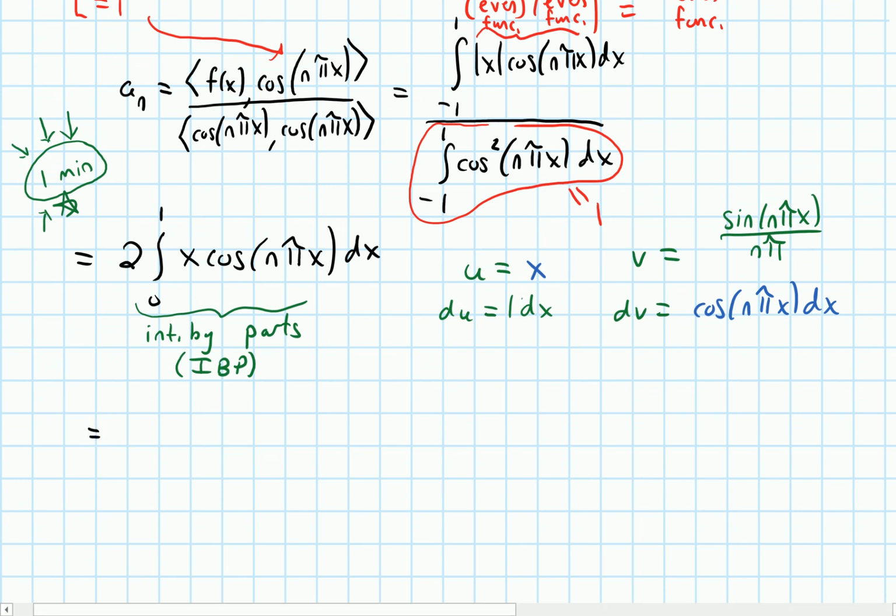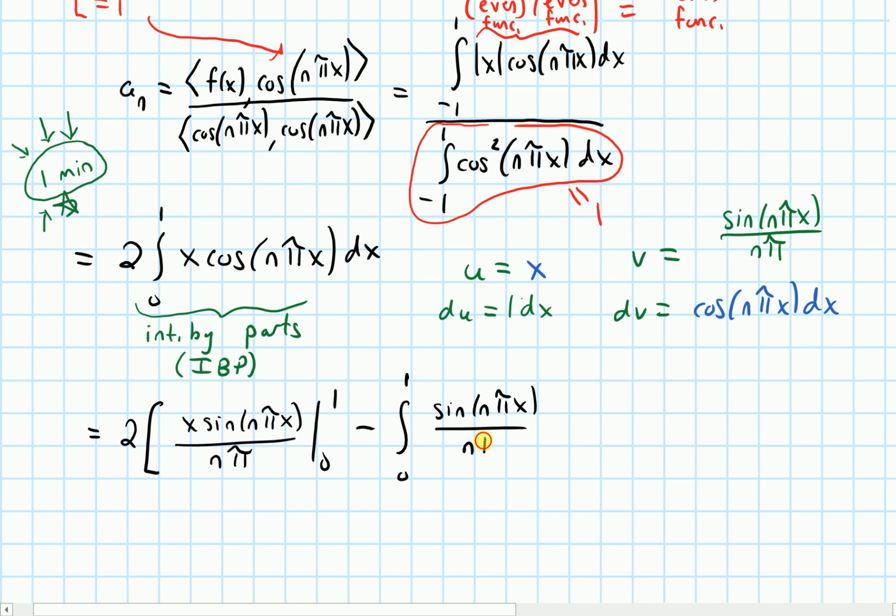So what we have is 2 times, we'll get uv, which is x times sine of n pi x over n pi, evaluated at 0 and 1, minus the integral from 0 to 1 of v du. So v will be sine of n pi x over n pi, and that's multiplying the 1 that's in du, and then we also write the dx that's in du. Okay, close that bracket.